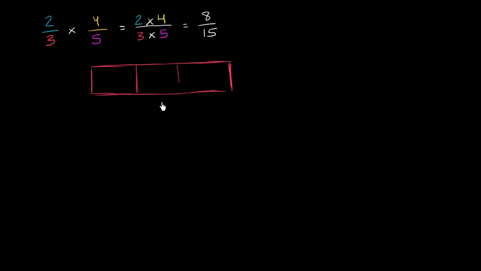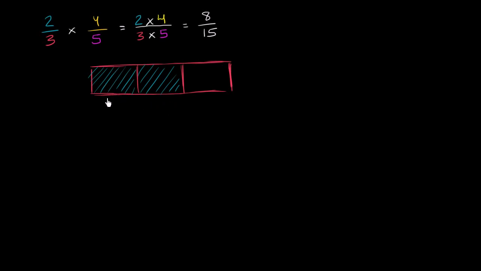Actually, I could do a better job making those equal, or at least closer to looking equal. So there you go, I have thirds. Let me do it one more time. So here I have drawn thirds. 2/3 represents 2 of them. And one way to think about this is 2/3 times 4/5 is 4/5 of this 2/3.